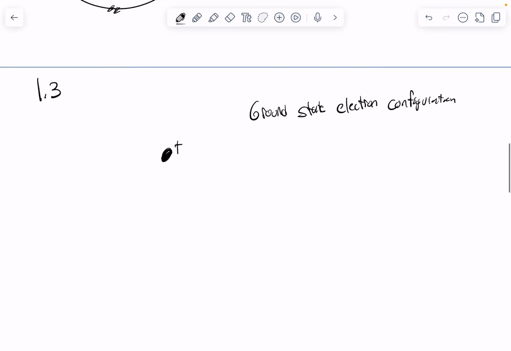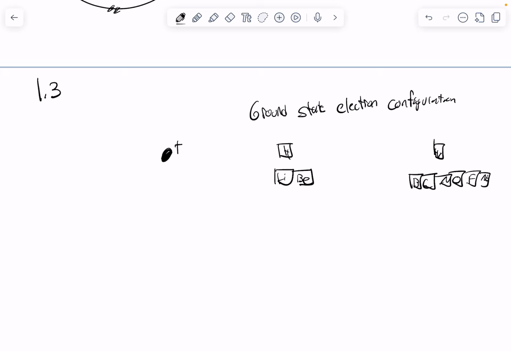So let's go back to our periodic table. We got hydrogen, helium, lithium, and beryllium. And then I'll just draw these just for example. And we got boron, carbon, nitrogen, oxygen, fluorine, and neon, okay?